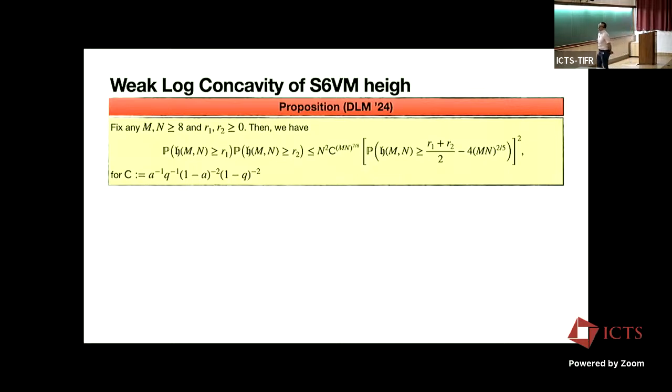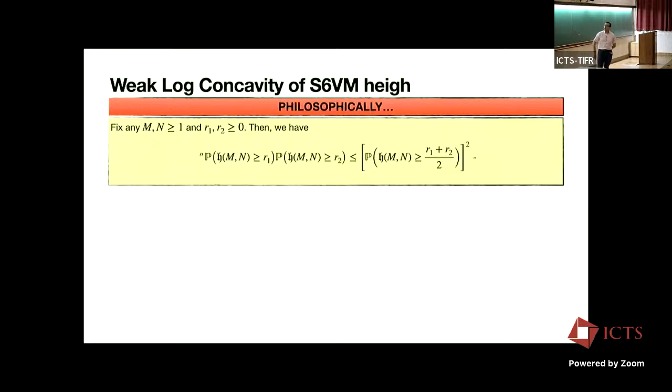Okay, so let's go back to the philosophical statement. What does this log concavity property tell you? It tells you, for example, that the tails of H are log concave, but log concave probability distributions decay exponentially.